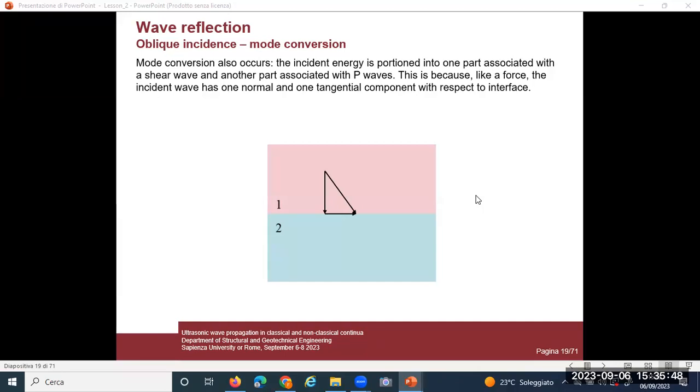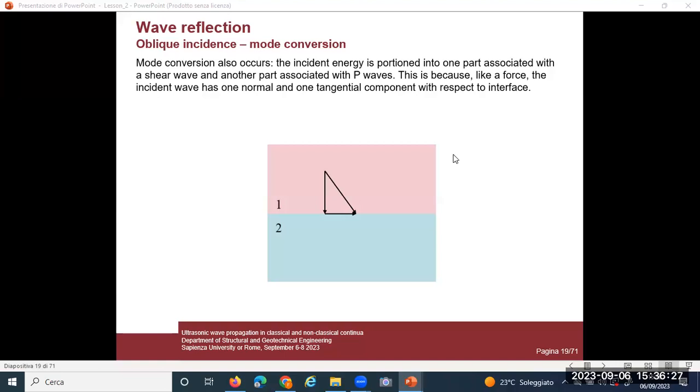Mode conversion is what happens, again, when there are these changes in material properties, and it happens that some kinds of waves, let's say P waves, can be in the second material partially converted to shear waves because of the continuity of displacements to be satisfied on the boundary.